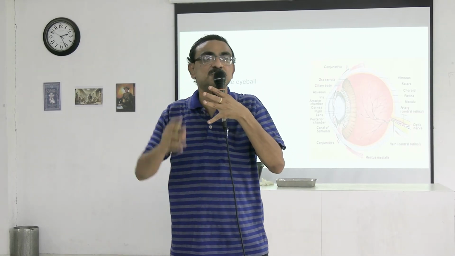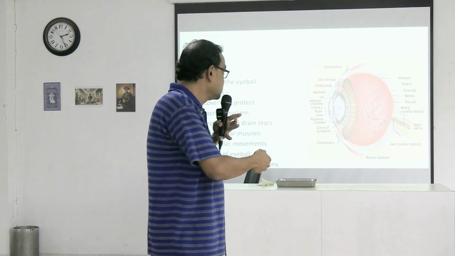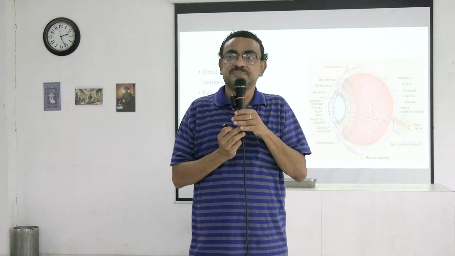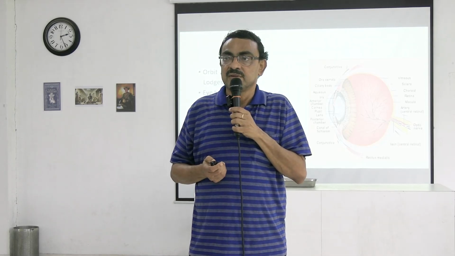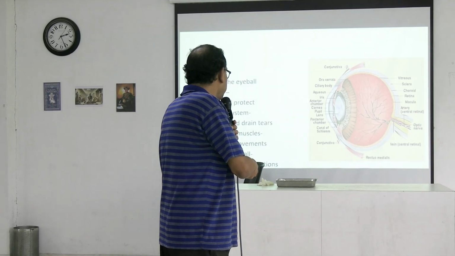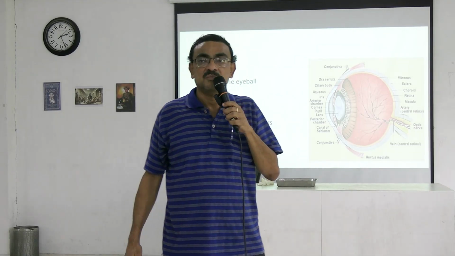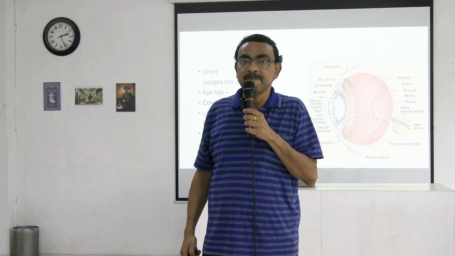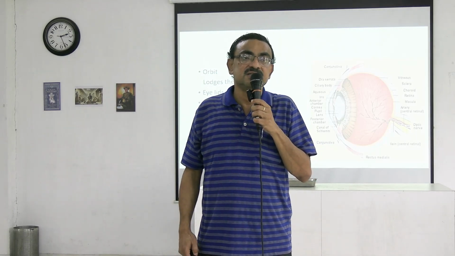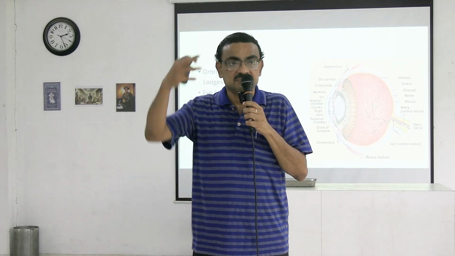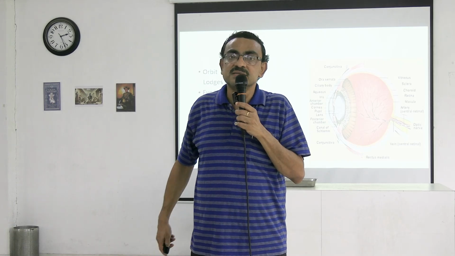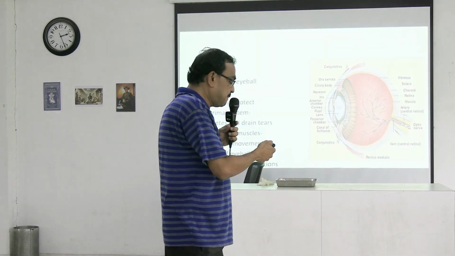These spaces are called the spaces of Fontana, through which the aqueous is drained into the canal of Schlemm. Then from here it drains into some vorticose veins, four to five vorticose veins of the sclera, and ultimately it reaches the ciliary vein and so on. So this is the sclera.